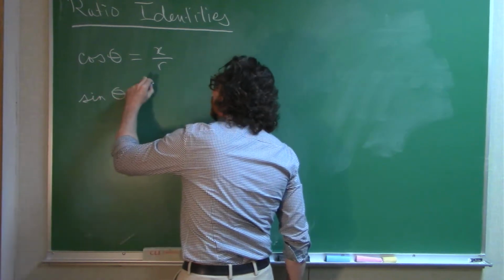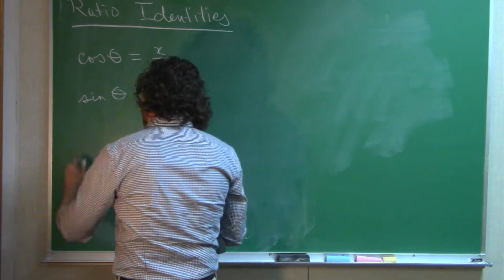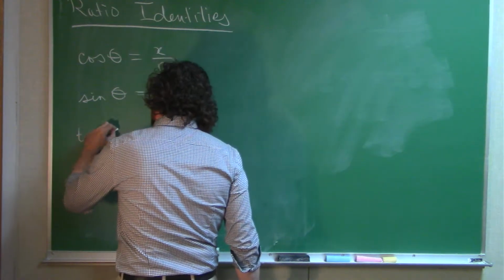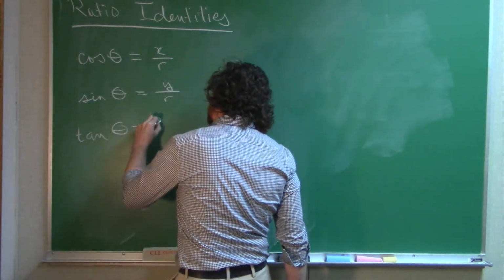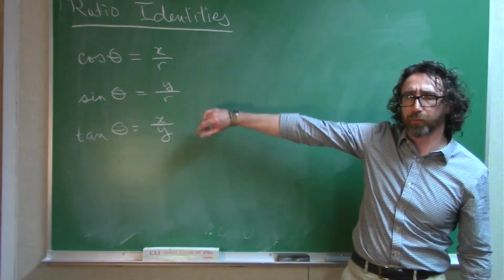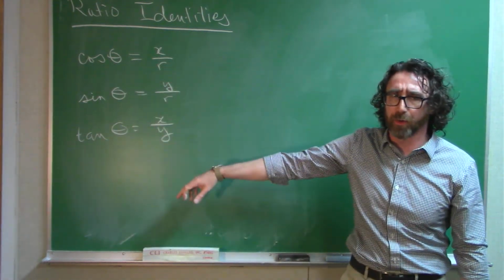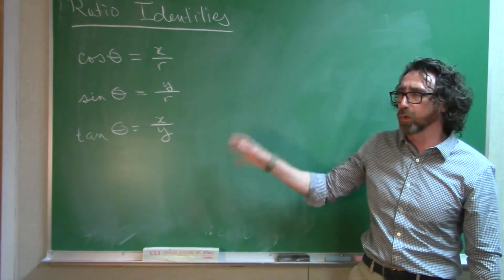That probably means they're important. Let's look at these first three for right now: cosine theta equals x over r, sine theta equals y over r, tan theta equals y over x.